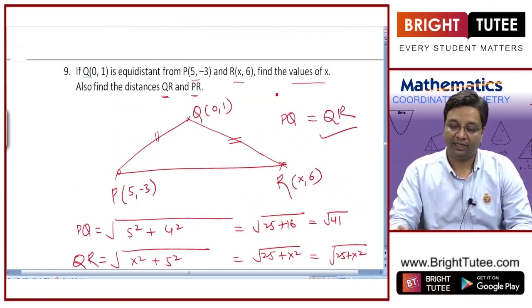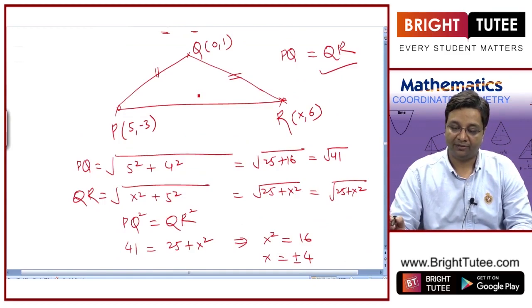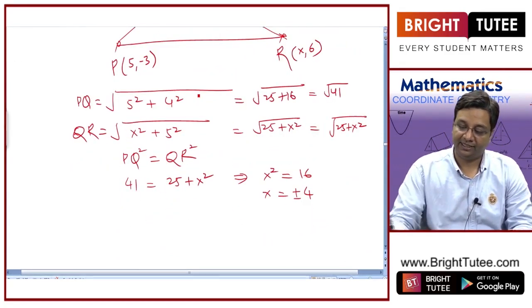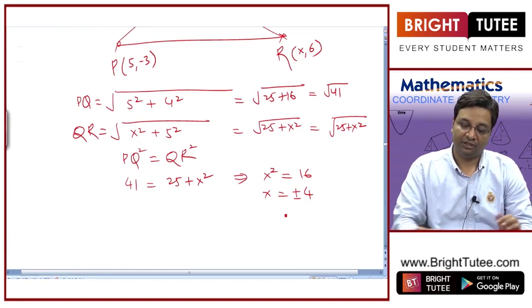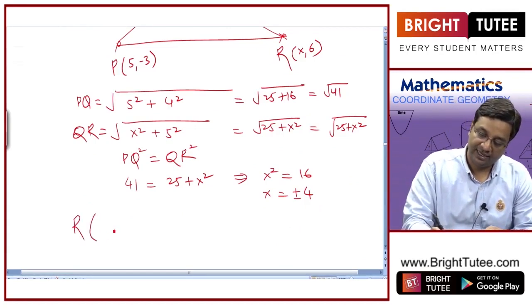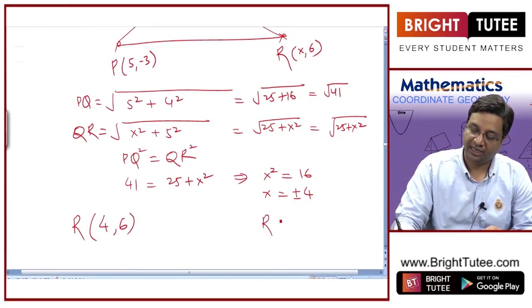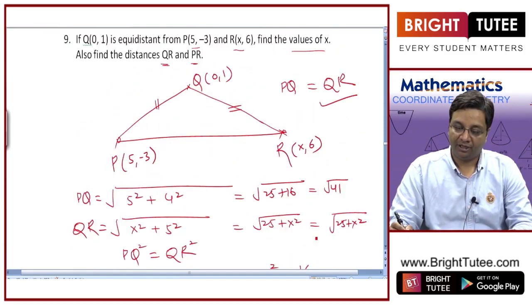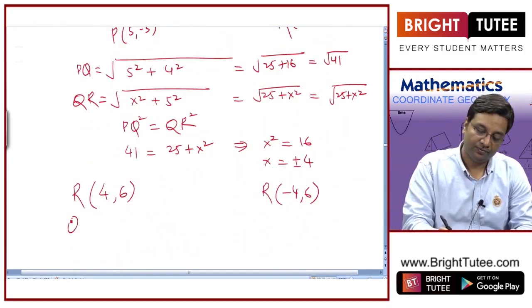Now we need to calculate distances QR and PR, right? So once you take x as plus 4 and consider R as 4 comma 6, and once you consider R as minus 4 comma 6, right? And you need to calculate QR and PR. What is Q?